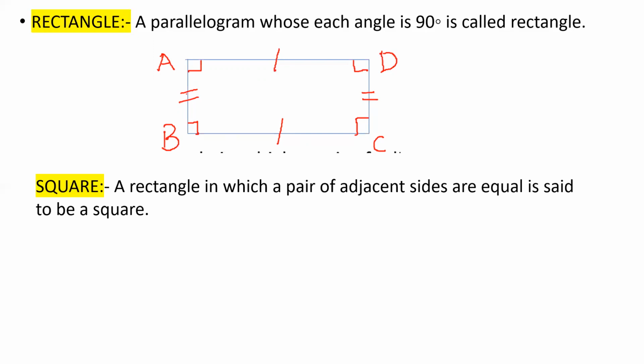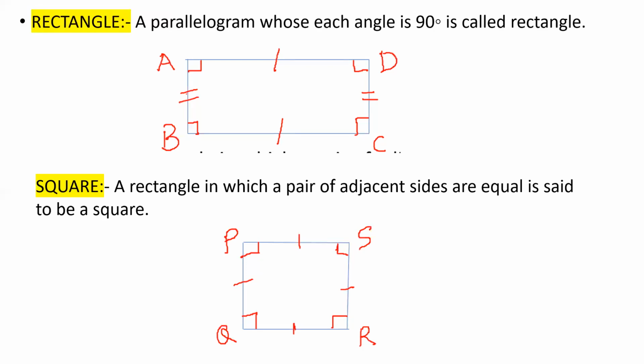A square is a rectangle in which a pair of adjacent sides are equal; then it is called a square. Means again in the rectangle, if you add one more special property, that all sides are equal, then that rectangle becomes a square. So in this figure, all sides are equal, PQ, QR, SR and PS.